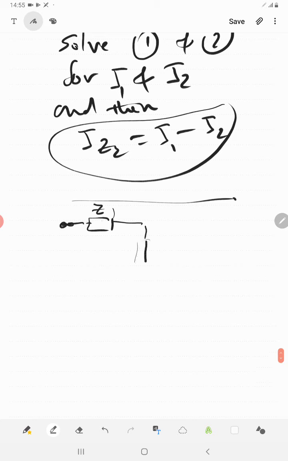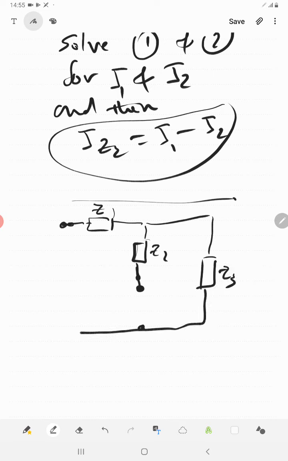Here we have Z2. And here we have Z3. This is our original circuit. What we have here, plus minus E1. What we have here, plus minus E2.